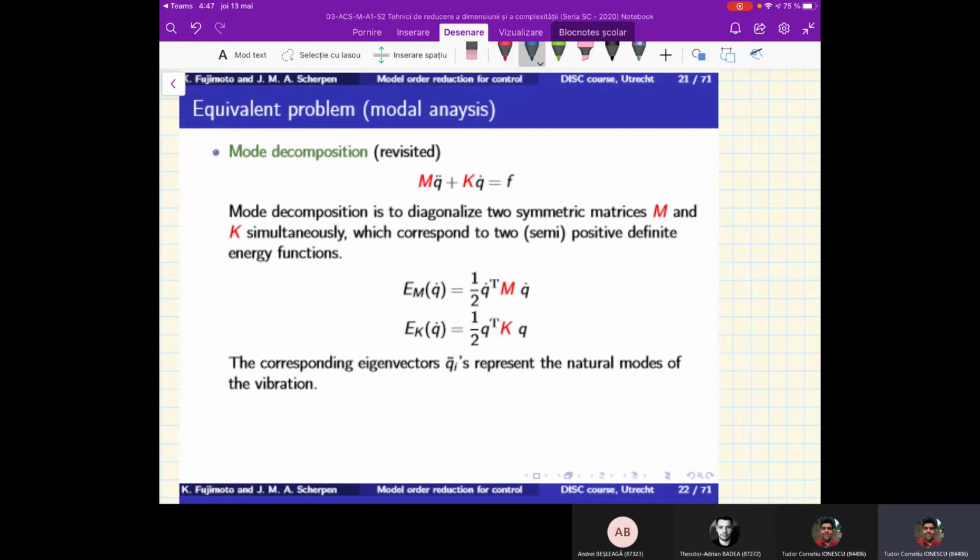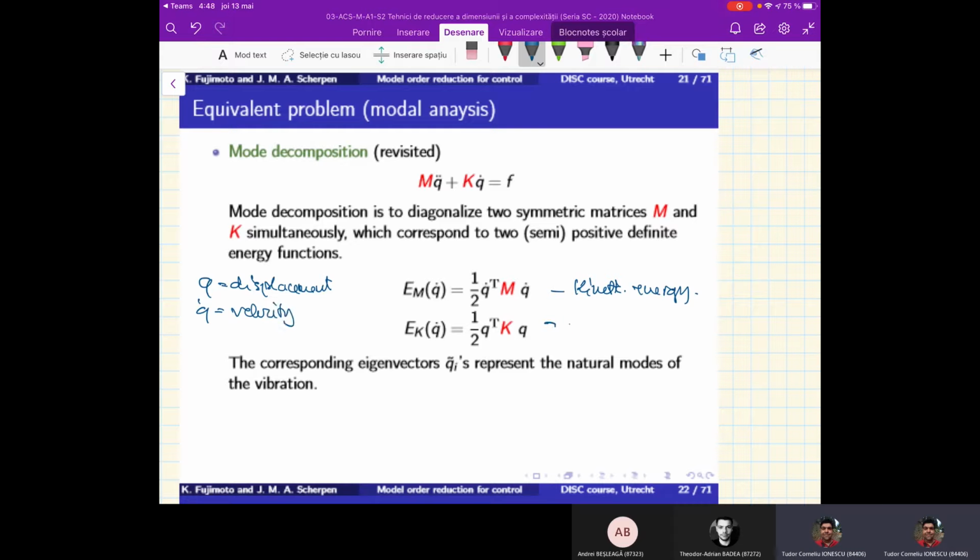Mode decomposition is to diagonalize two symmetric matrices M and K simultaneously, corresponding to two semi-positive definite energy functions. So here you have the kinetic energy, where q is displacement and q dot is velocity.